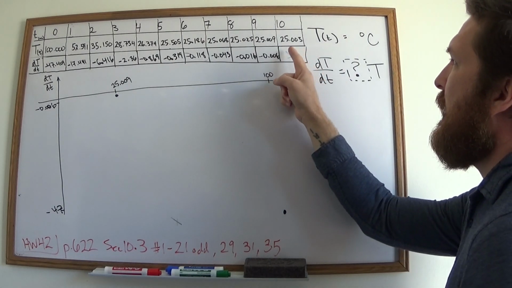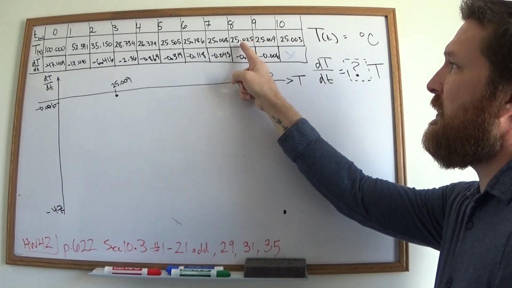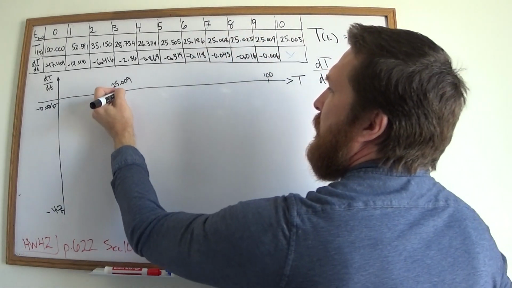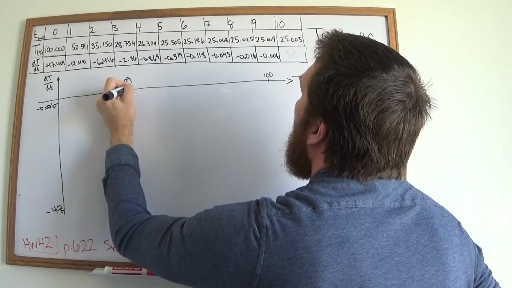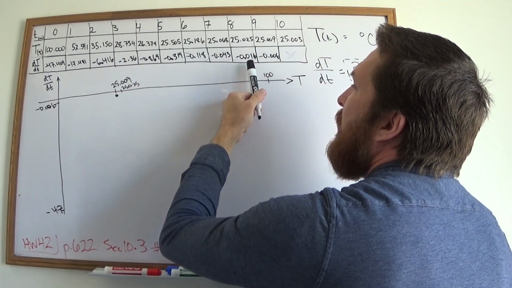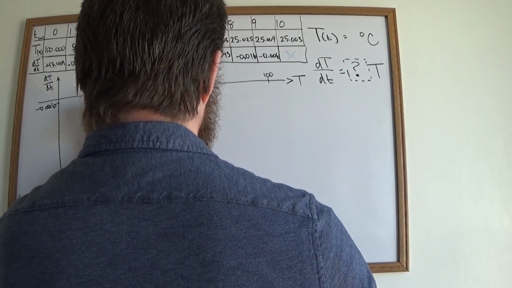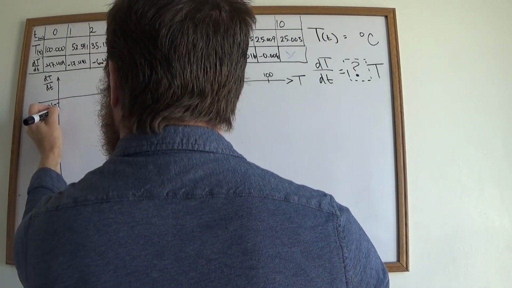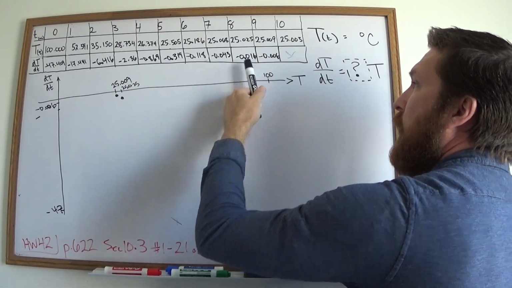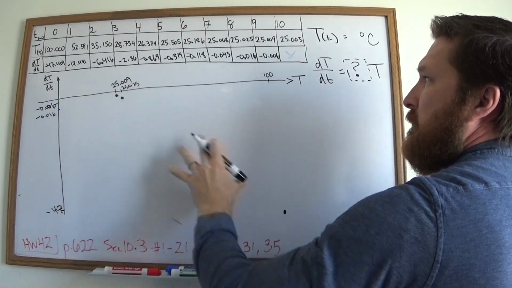Now I step forward a little bit, where big T, my new input, is 25.025, and I get negative 0.016. You get what I'm doing?